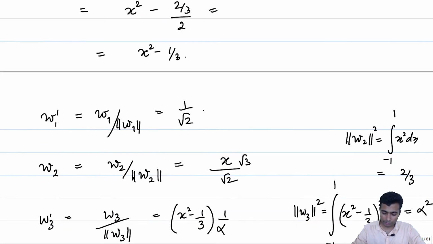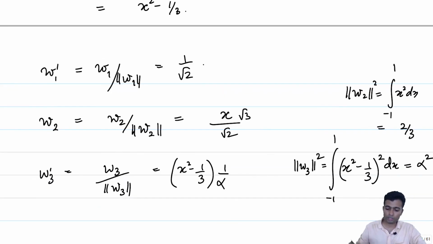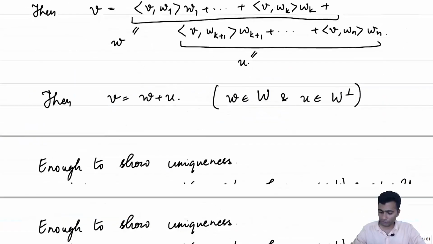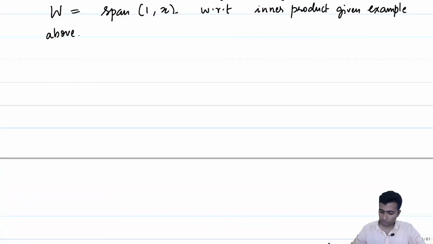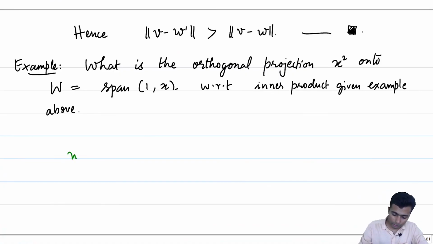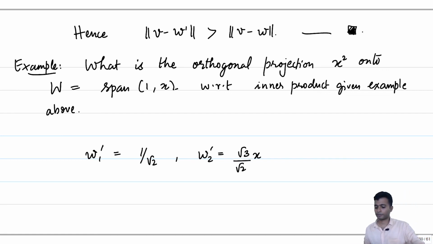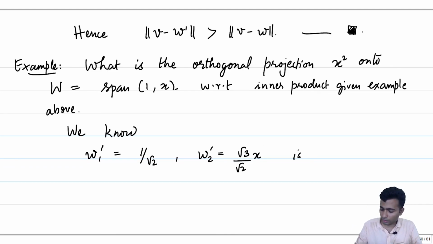So let's see what they are. w1 prime is 1 by root 2 and w2 prime is root 3 by root 2 times x. We know that this is an orthonormal basis.